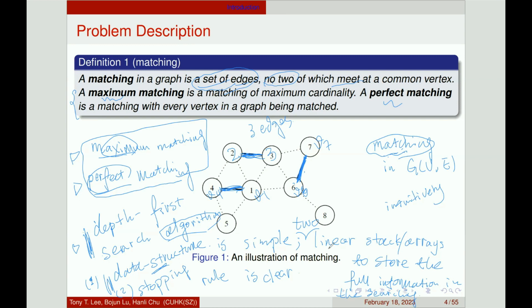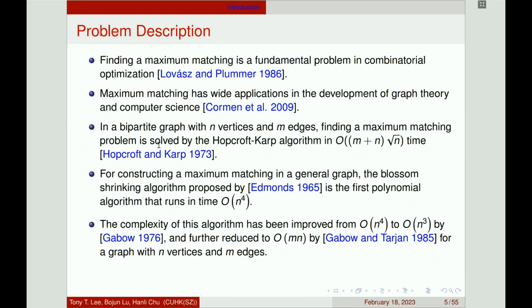The data structure, as we will introduce later, uses just 2 linear stacks. And our stopping rule is clear. We either stop because we identify something, or we conclude we cannot update the current one anymore, okay?